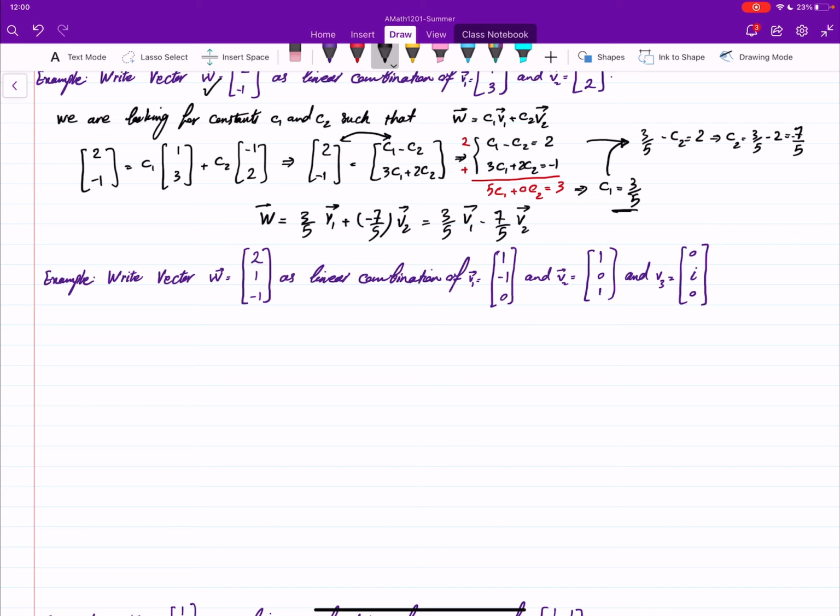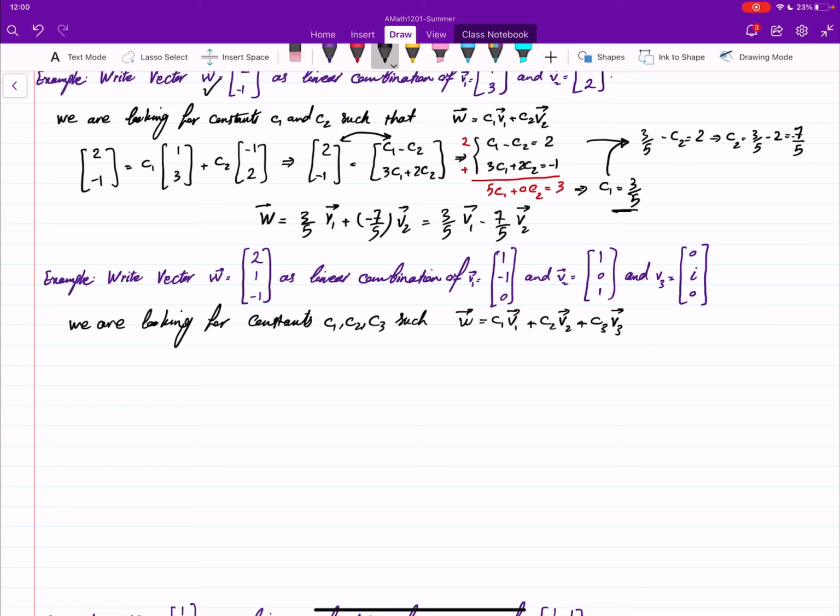Note that v3 has some complex numbers in it. Well, the story goes the same way. So we are looking for, this time, three constants, C1, C2, C3, such that W is C1 V1 plus C2 V2 plus C3 V3.